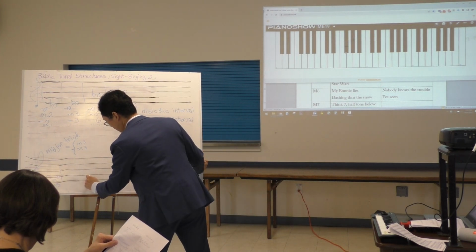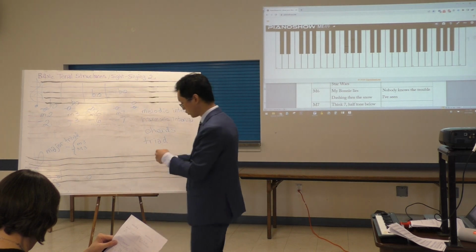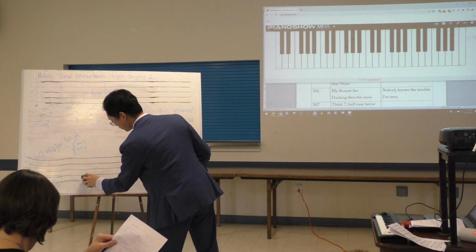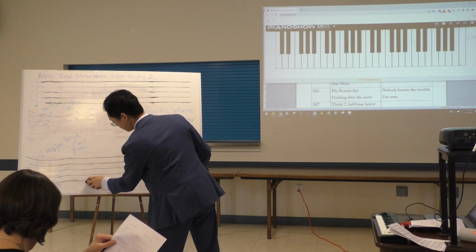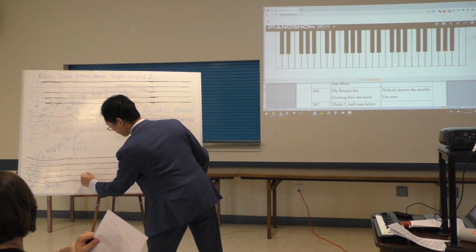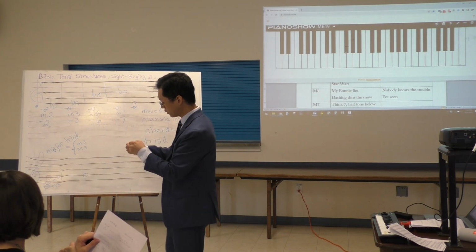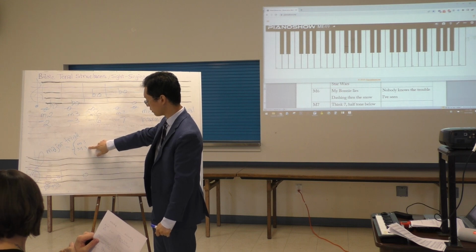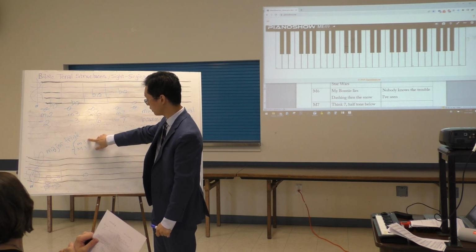Alright, so now let's create a major triad. Well, let's start from our second most important note, the G. Okay? So now we know that we can construct the major triad by creating a major third above that and then a minor third.